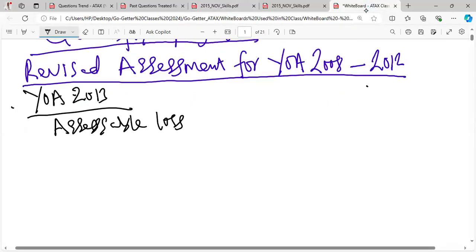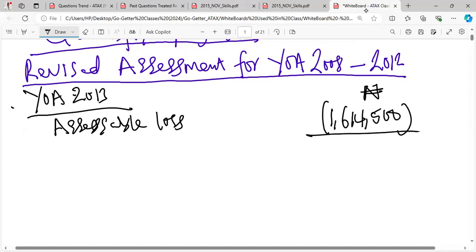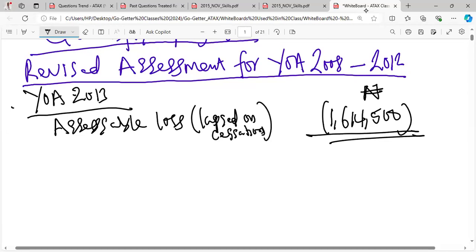So this is our naira sign here. 1,614,500. That's your loss. So you say accessible loss lapsed on cessation. So this is lapsed. You can't recover it.